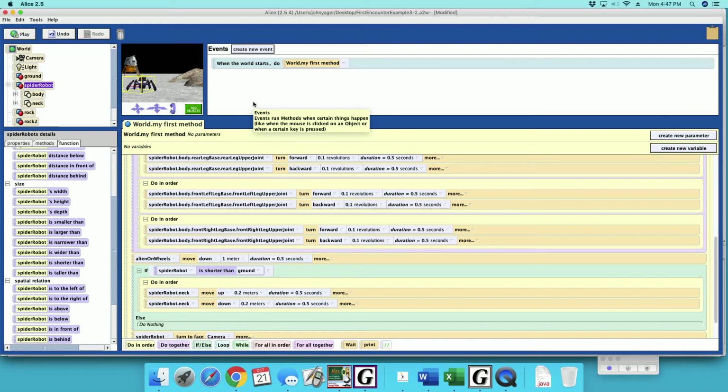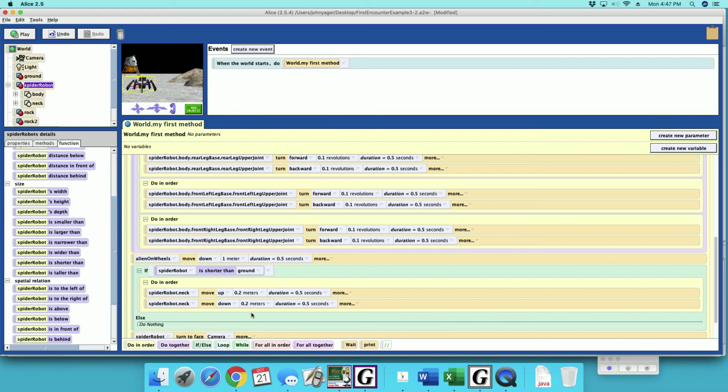All the steps are the same, but you're going to have a whole mess load of code. So what happens if we want a particular movement to happen over and over again? We're going to do a loop.